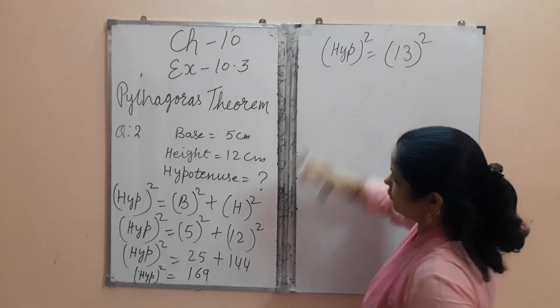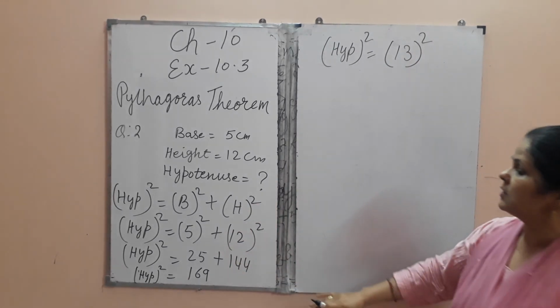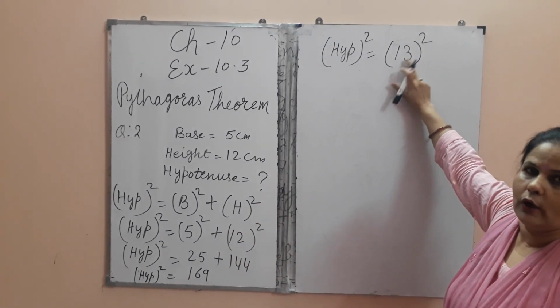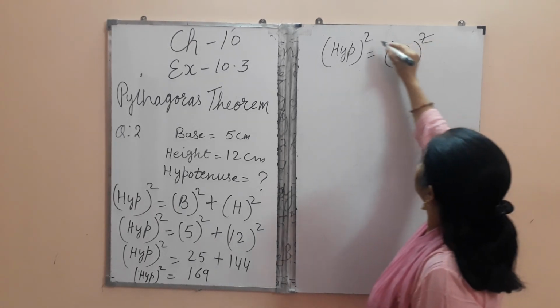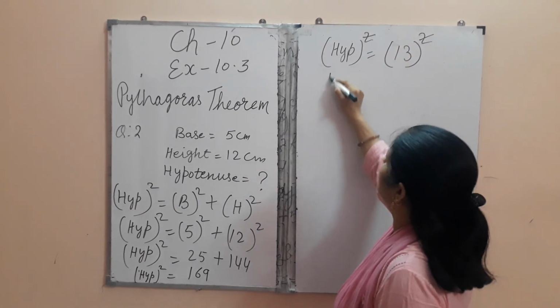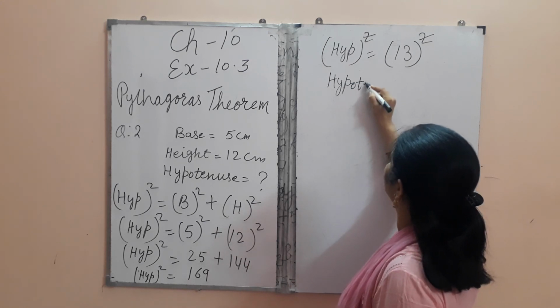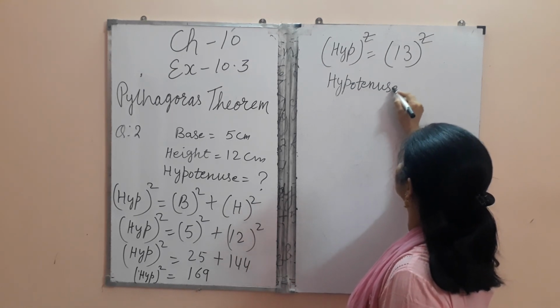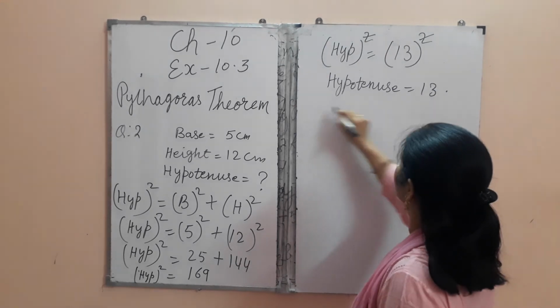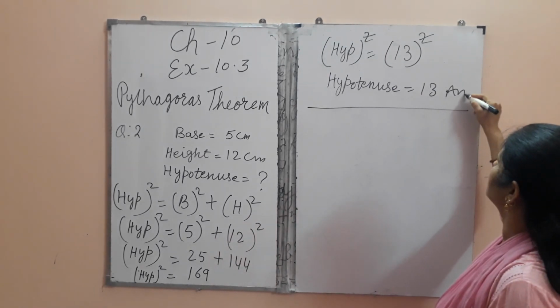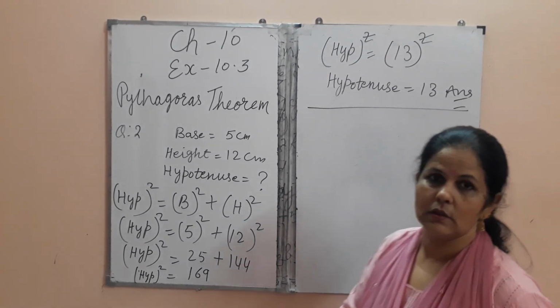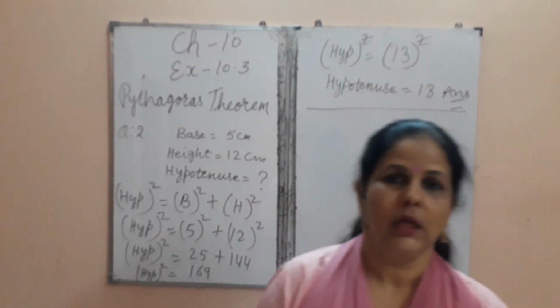The square root of 169 is equal to 13. So square by square we will cancel. So hypotenuse will be equal to 13. This is the answer. Understood? So in this way we will find out the hypotenuse.